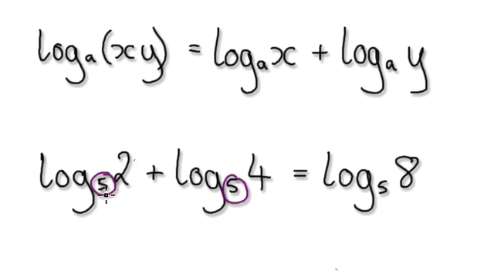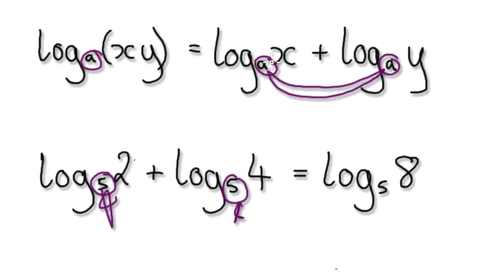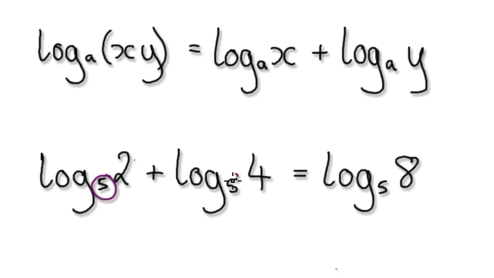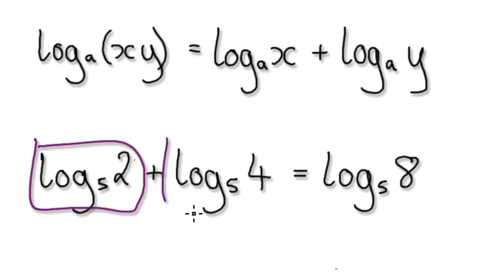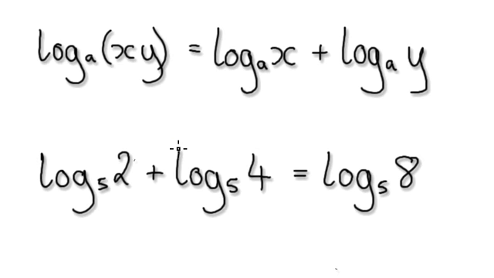This is to the base 5, this is to the base 5. So these two have to be the same, and then you can merge these two together. So basically, when this is the same as this, you can just get this times this. You see, this here is the same as this plus this.